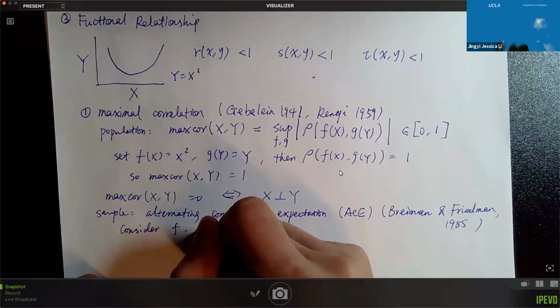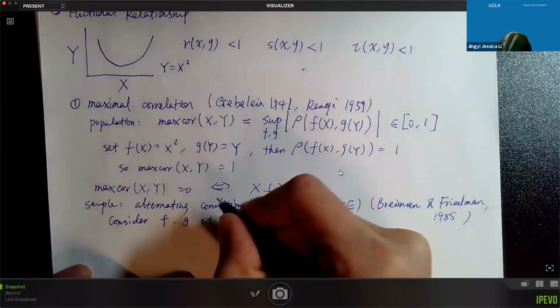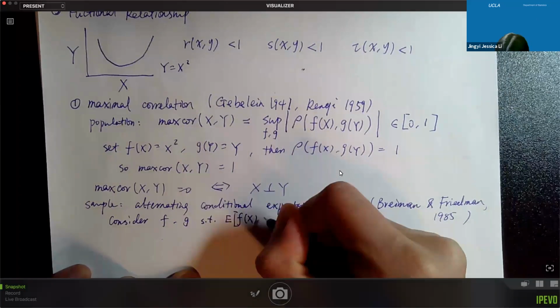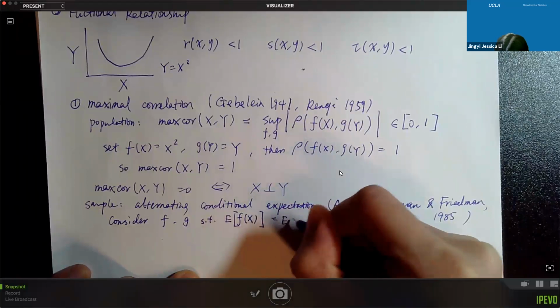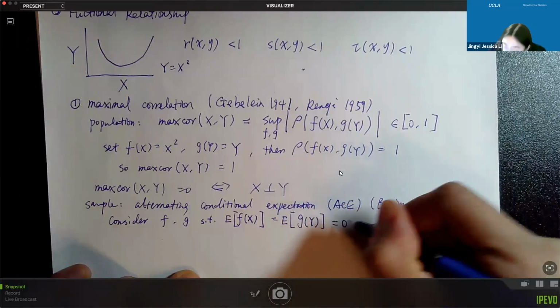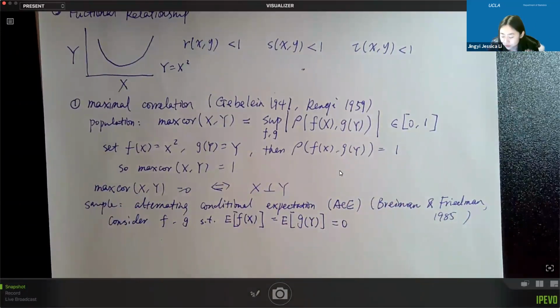F and G such that we can restrict our transformed F(x) to have mean 0. So is our transformed Y, so-called G(y). We restrict both to have mean 0. That's how we can shift our function.